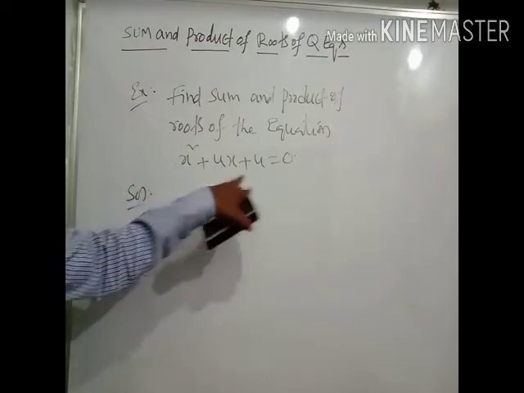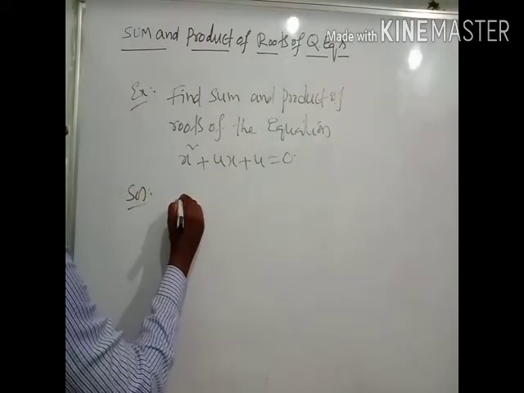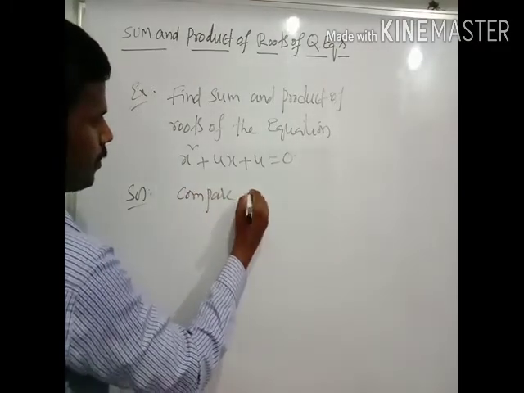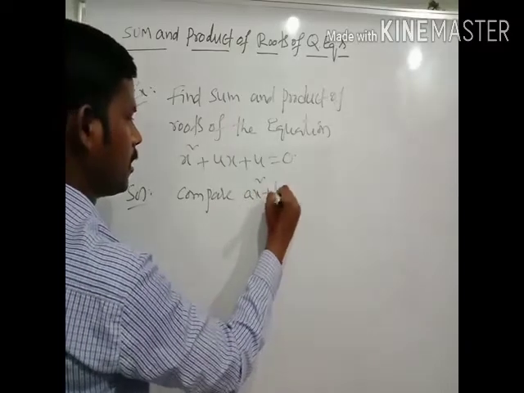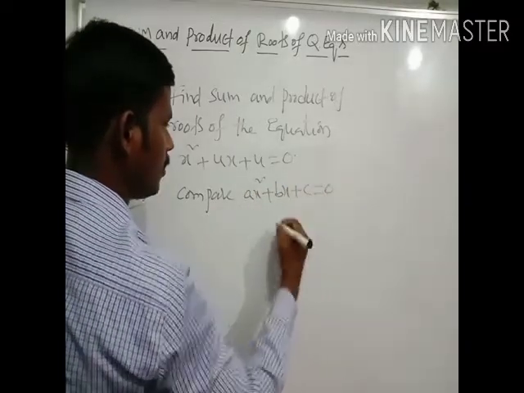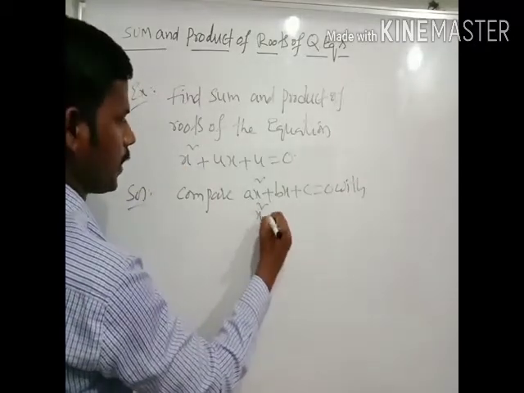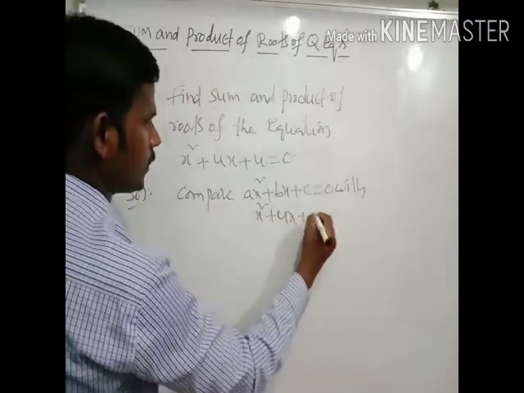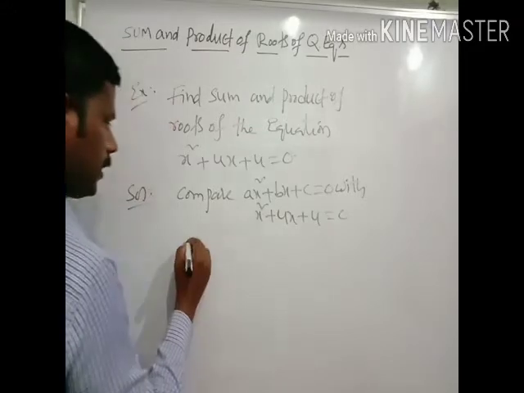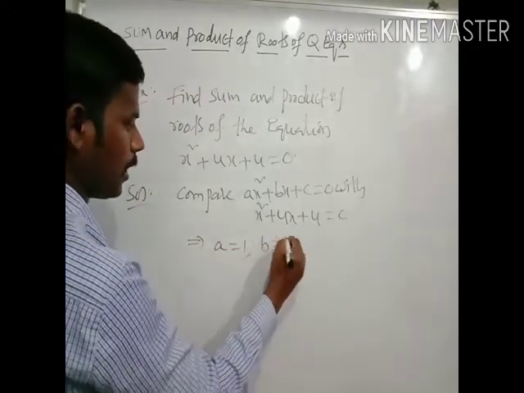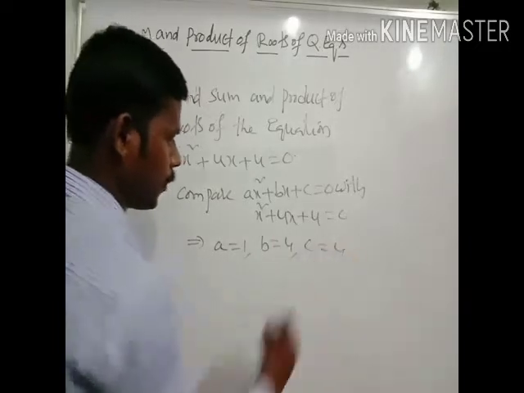So first compare this with the quadratic equation. Compare ax square plus bx plus c equal to 0 with x square plus 4x plus 4 equal to 0. Then what happened? A value 1, b value 4, c value 4.